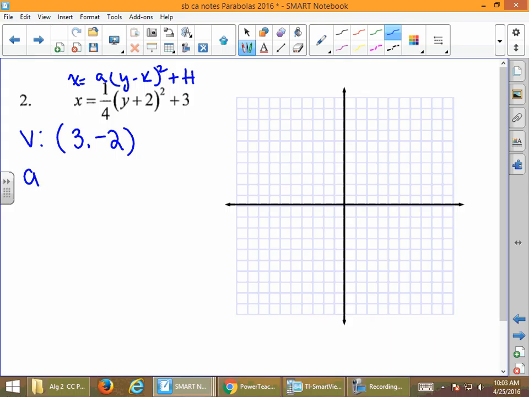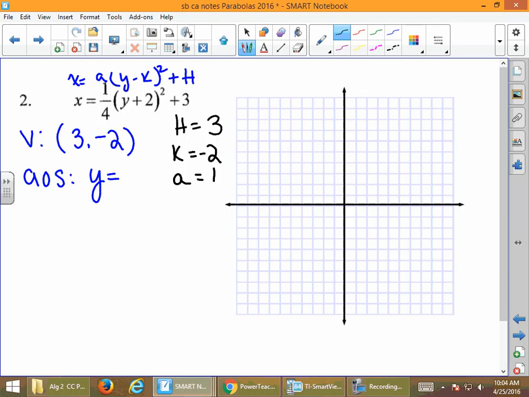The axis of symmetry, again, if you're unsure, you can look at your chart, but the axis of symmetry is going to be y equals, and what I haven't done yet is identify what does h equal, what does k equal, what does a equal. Well, h equals 3. k equals negative 2.